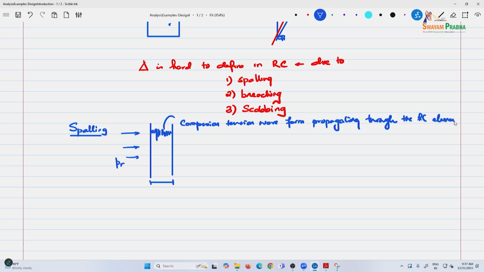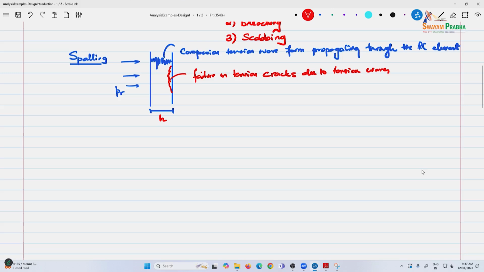When you study the mechanisms, you would be measuring the waveform within the element, and on the back side there is failure in tension due to the reflection, and the combination of the two results in tension cracks due to the tension waves. So this is what is called spalling.